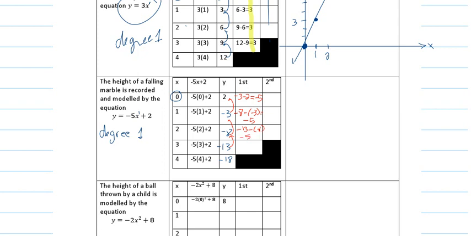And the last one is negative 18 take away negative 13, which gives me negative 5 as well. So looking at my answers, I'm getting negative 5, negative 5, negative 5, and negative 5. That's a constant first difference.